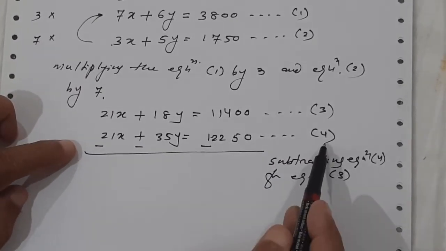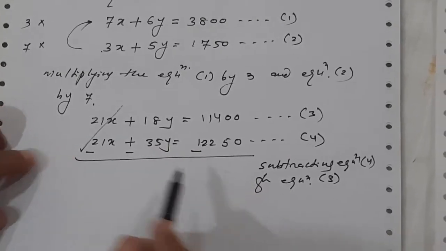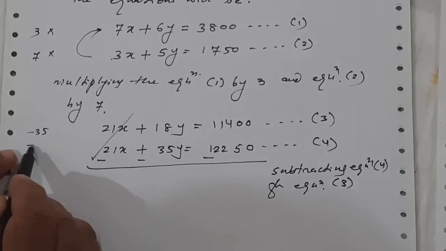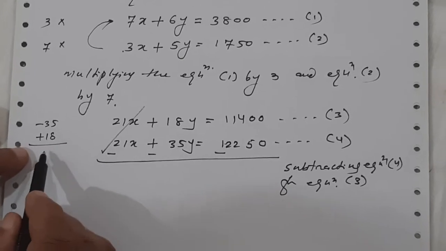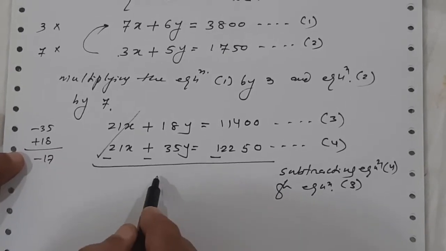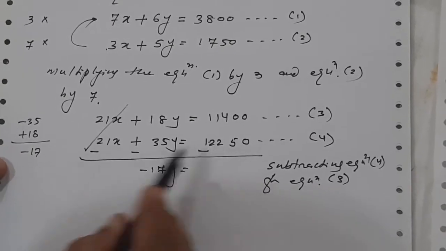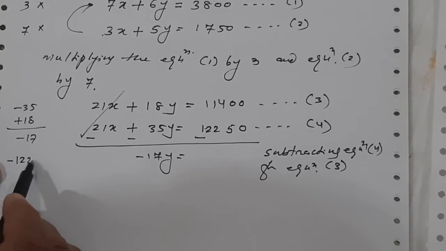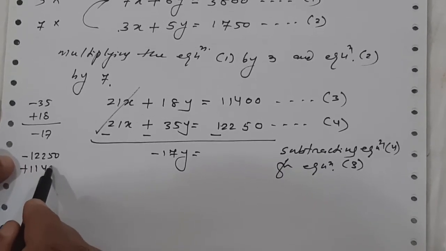So subtracting equation 4 from equation 3, the 21x will get cancelled. Now this is minus 35 and plus 18. Opposite signs are there, so subtract. So it will be minus 17. So we get minus 17y is equal to, similarly, minus 12250 and plus 11400.